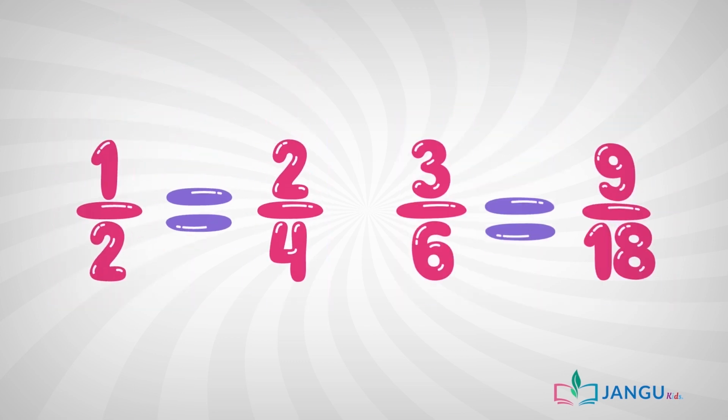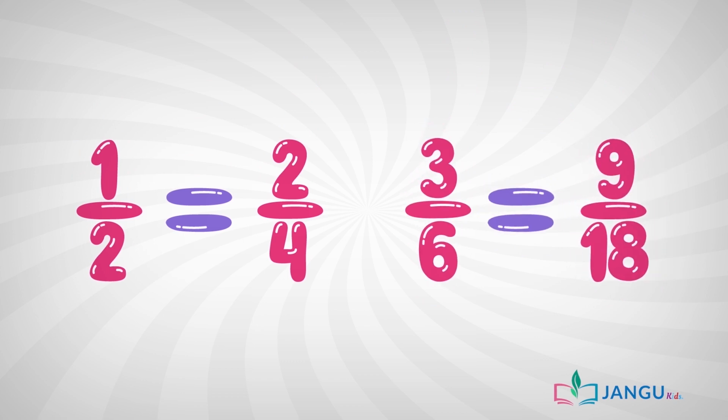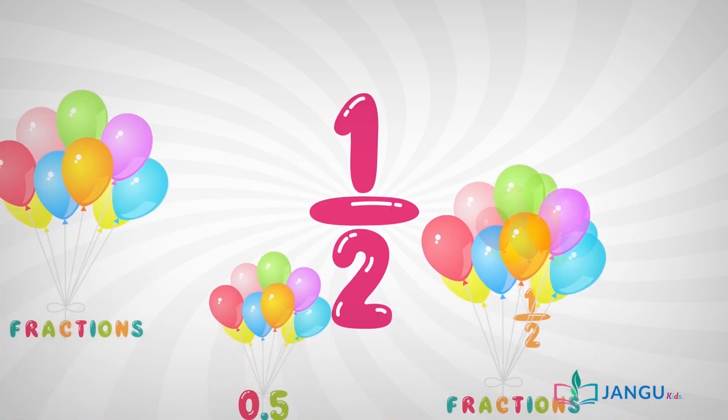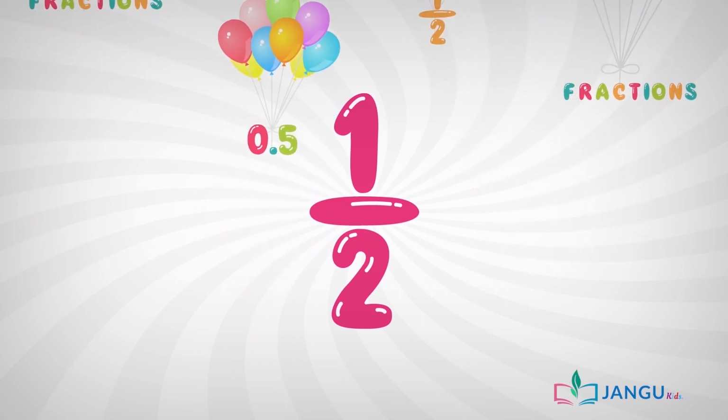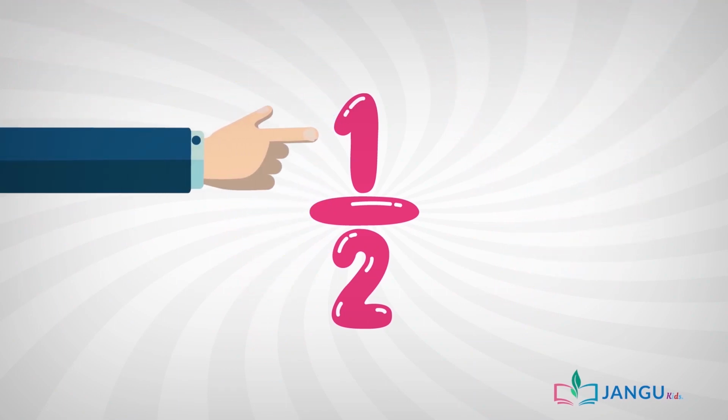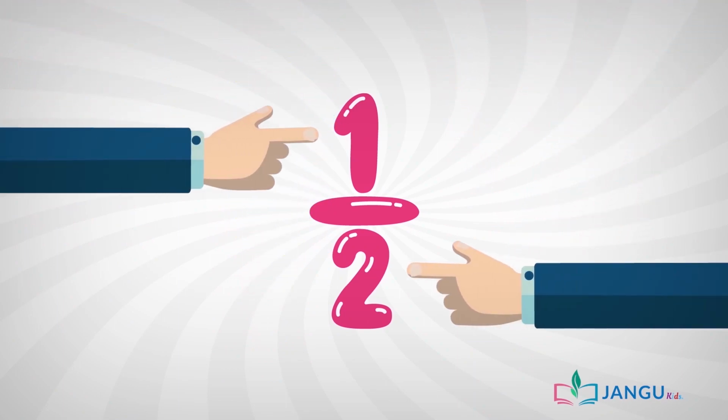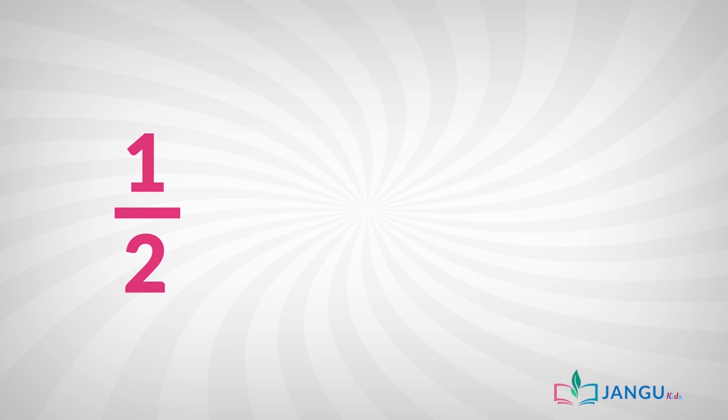The concept of equivalent fractions simply means that the fractions do not have the same numerators and denominators, but are equal in value. To find equivalent fractions, whatever is done to the numerator must also be done to the denominator. For instance, let's find an equivalent fraction of 1 over 2.